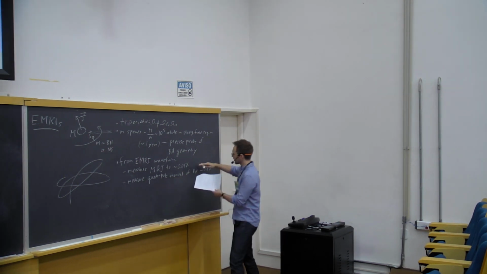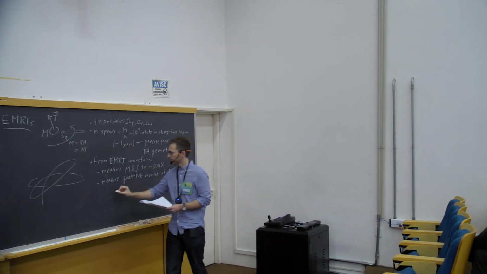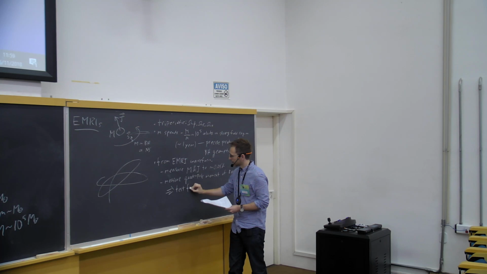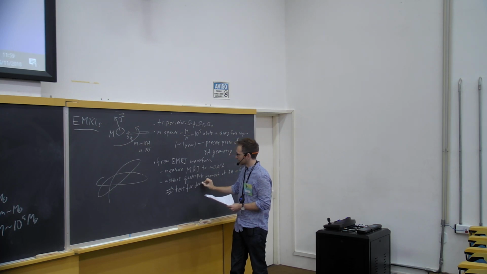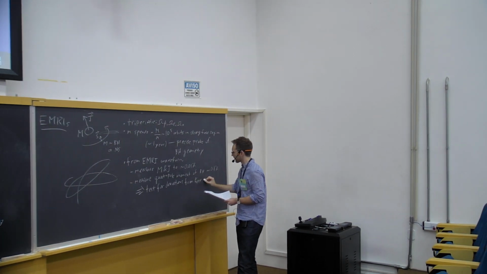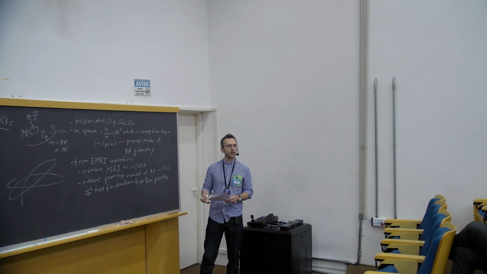So with a combination of these two sets of data, we can test for deviations from the Kerr geometry of the black hole. How many of you have studied or learned about the no-hair theorem in gravity?